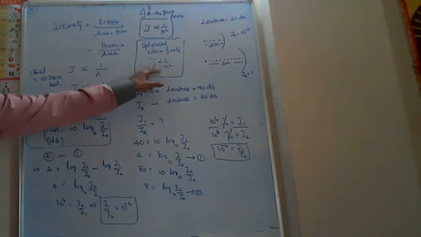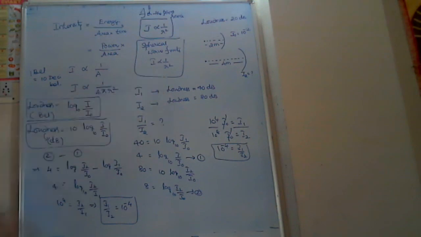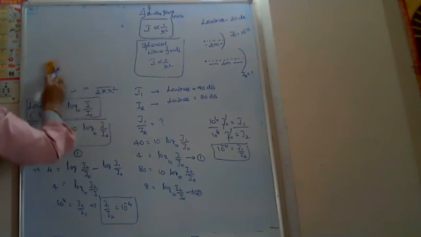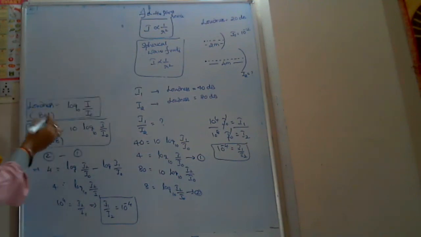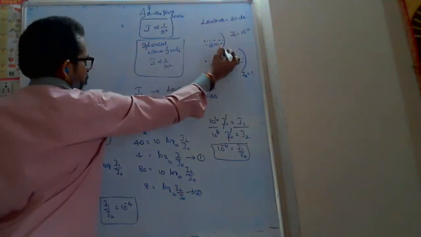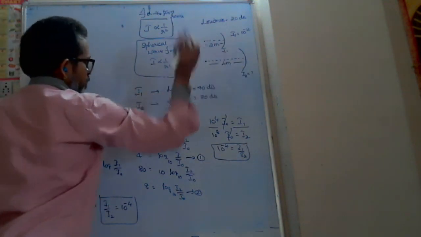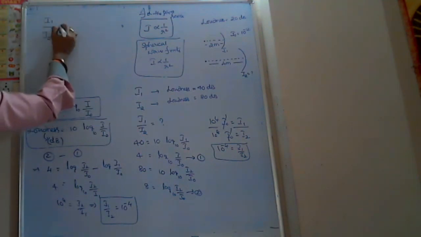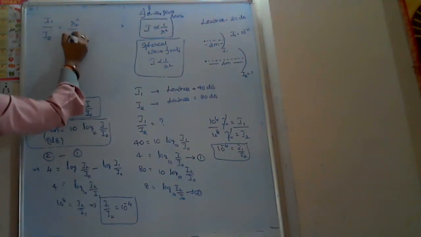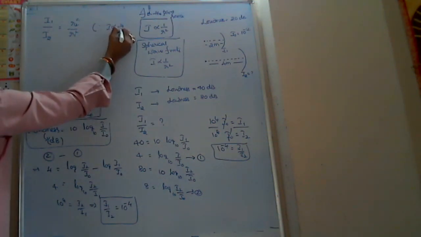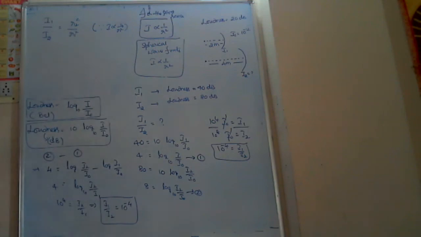From this, I1 by I2 is equal to R2 square by R1 square, according to the formula, since I is inversely proportional to R square for spherical wavefronts.